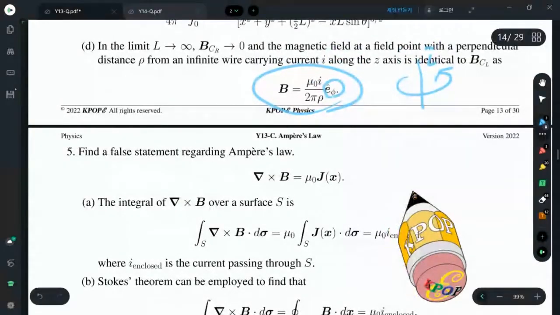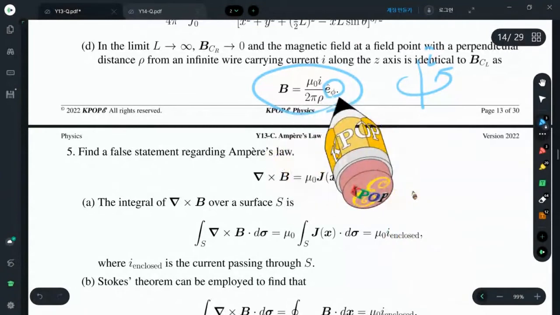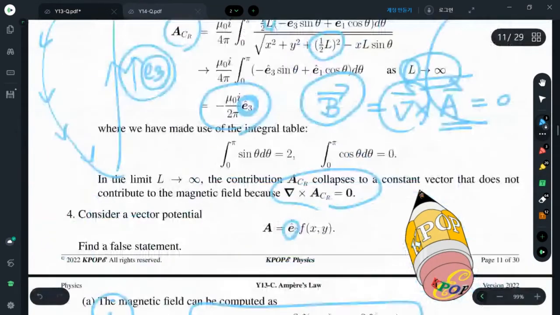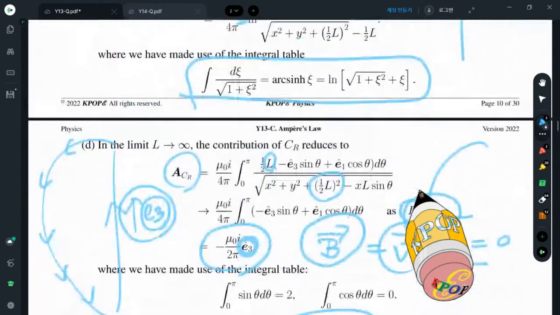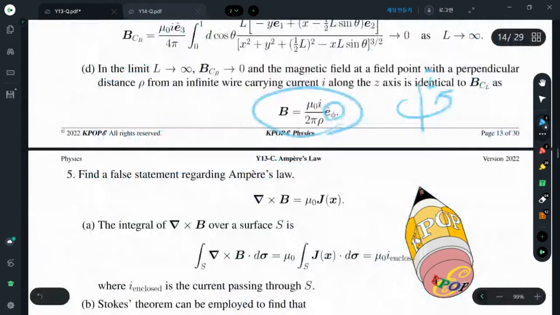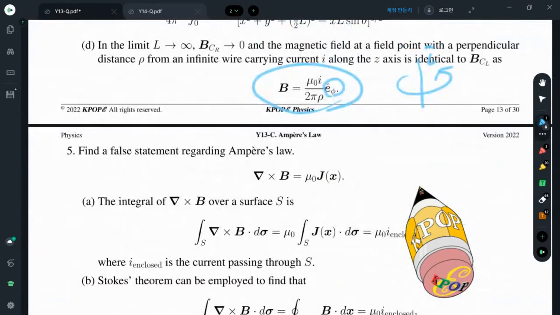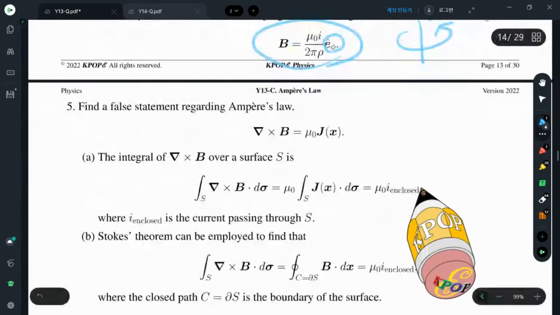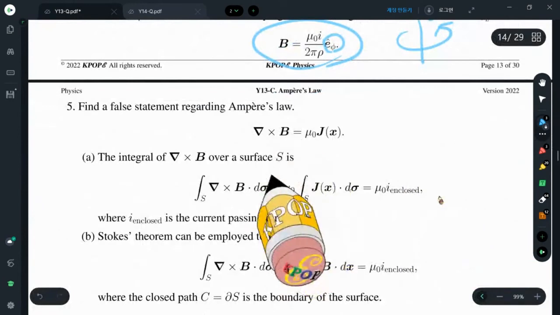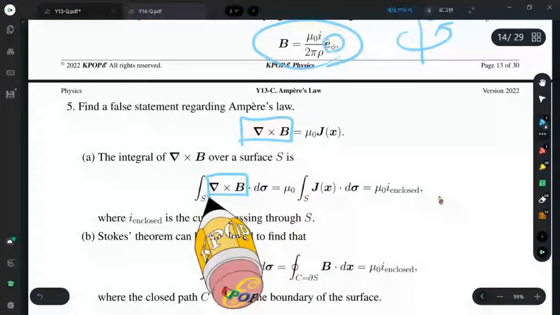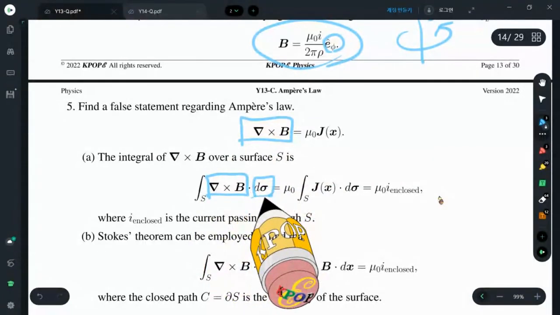Ampere's law is nothing but to reproduce this result, and more specifically, it is more general than the explicit calculation using Biot-Savart law. We evaluate this one, curl B surface integral.